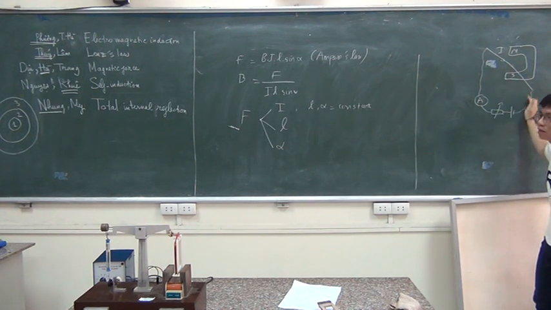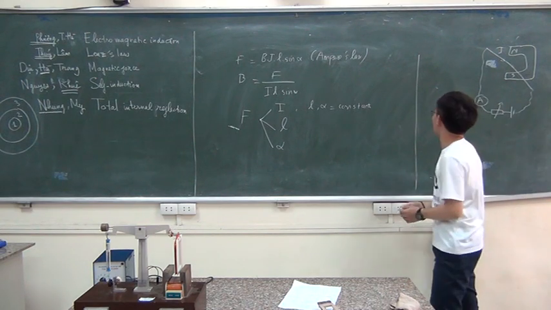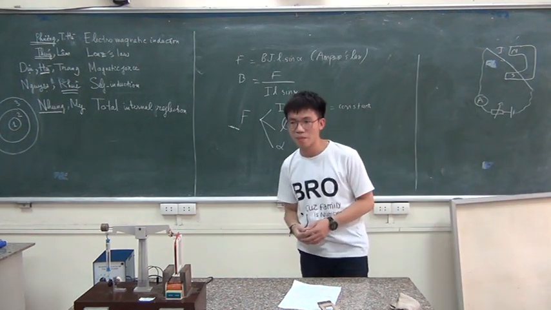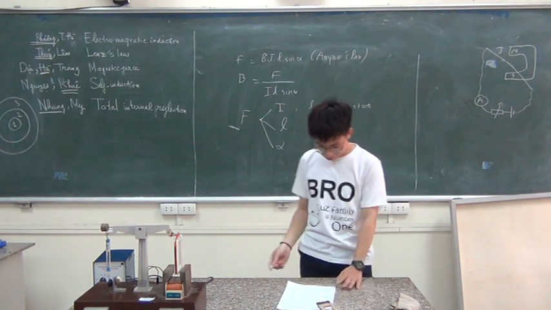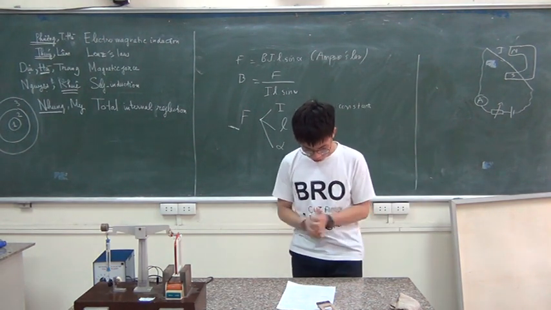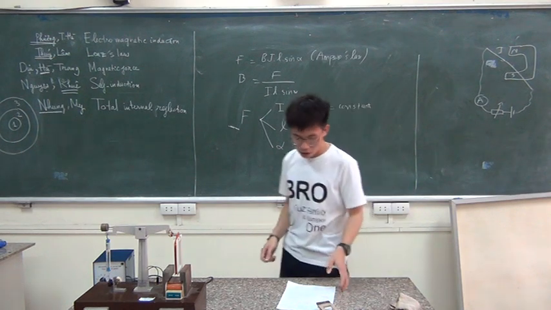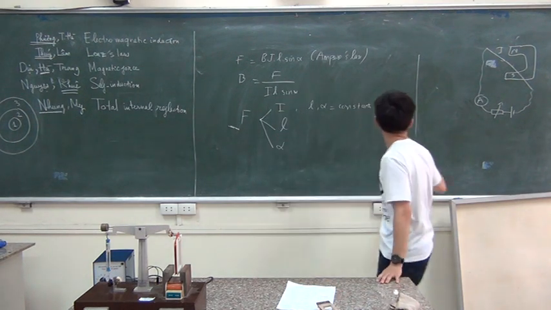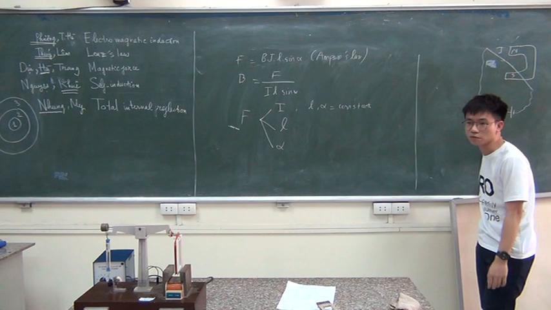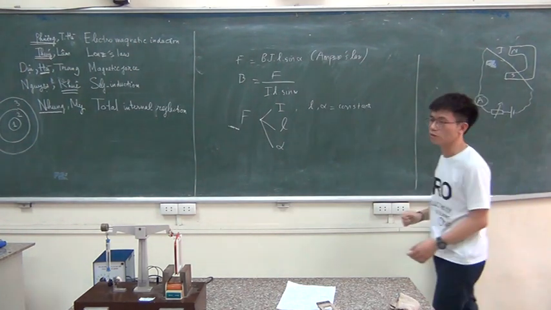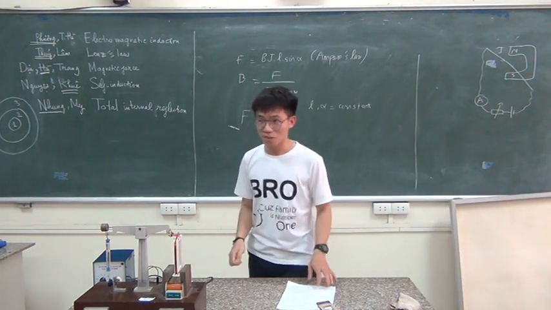We can use another permanent magnet, or we can use electromagnets. Okay, so again, the very important thing is how to measure the magnetic force. We can use dynamometers.